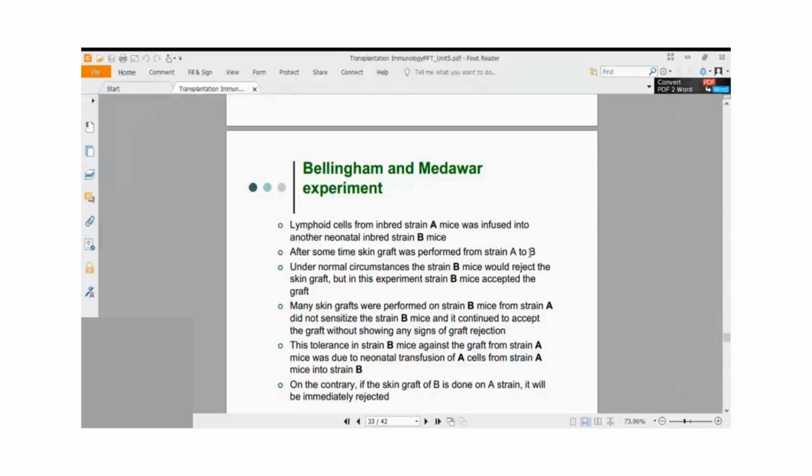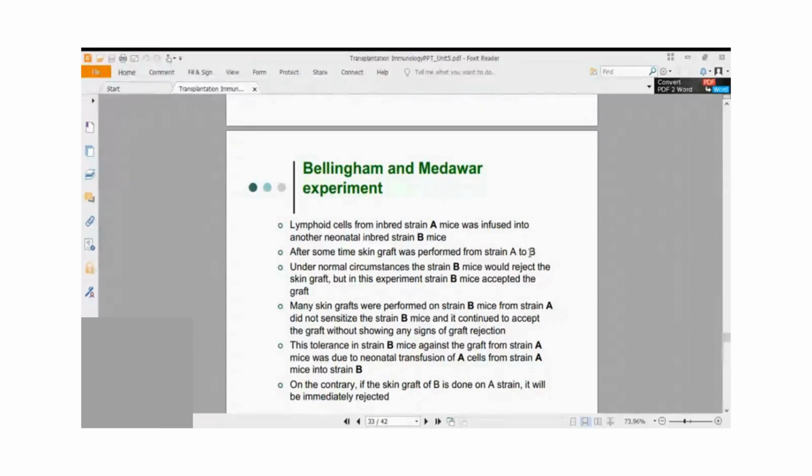They performed many skin grafts of A onto B, and it was found that the B mouse, as many grafts were done of the A, accepted it. It didn't reject it. There was no second set of rejection reaction.